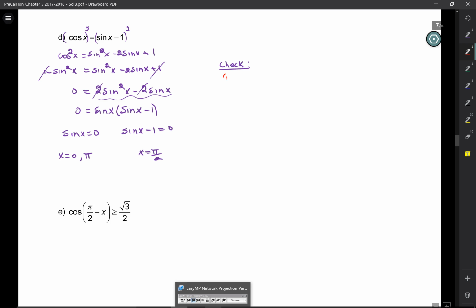So the first one, when x is equal to 0, does that work? Is cosine of 0 equal to sine of 0 minus 1? What's cosine of 0? Cosine of 0 is 1. Is that equal to negative 1? No. So that doesn't work. So number 2, x is pi. Is cosine of pi equal to sine of pi minus 1?